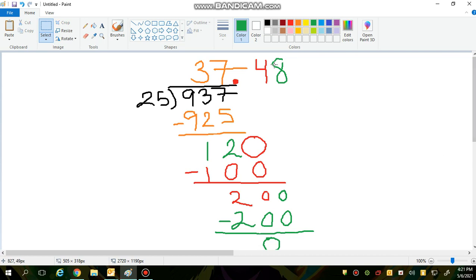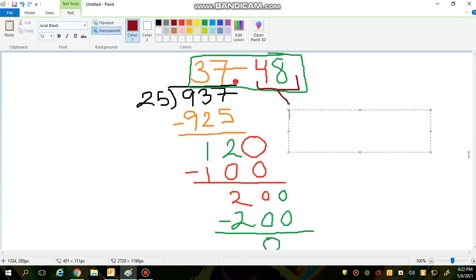The final answer, 937 divided by 25 is equal to 37.48. And as you can see, these two numbers right over here, the 4 and the 8, are two numbers after the decimal point. Okay? These are two numbers after the decimal point, and that is what I'd like to see in this class.